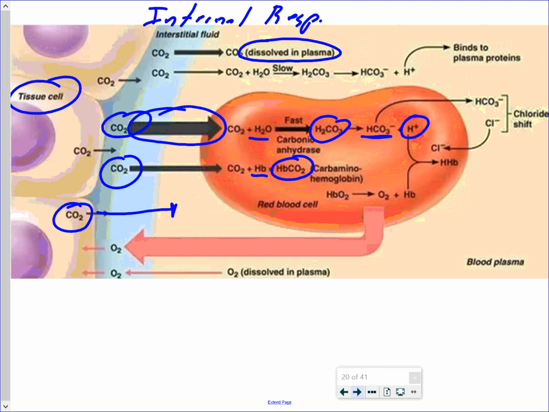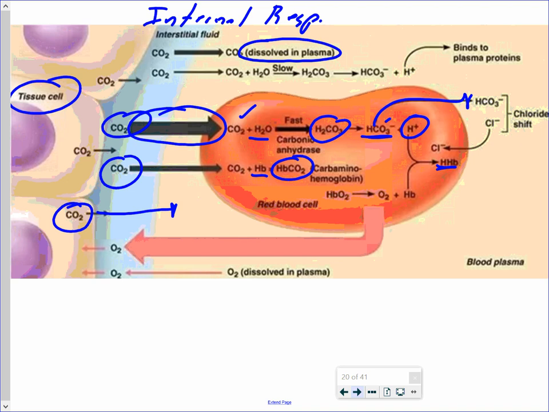Again, to prevent any huge changes in pH, the protons combine with hemoglobin, and that is how most of the carbon dioxide is going to be transported. And we can see here as well that the bicarbonate is just going to diffuse into the plasma. And then when it gets into the lungs, it's going to be converted back into the carbonic acid, back into the carbon dioxide, and then it can diffuse into the lungs.